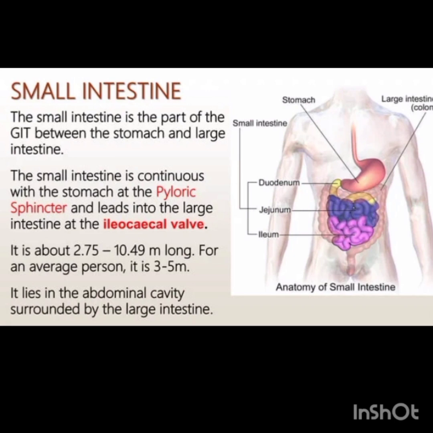Its average length in an adult is about 3 to 5 meters. It lies in the abdominal cavity, surrounded by the large intestine. You can observe from the picture that the small intestine is wrapped in between the large intestine.